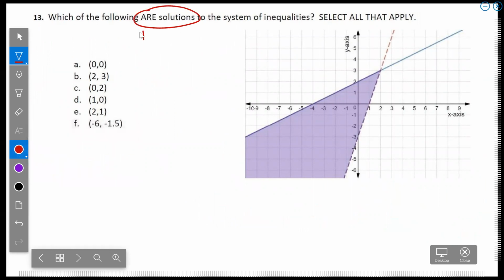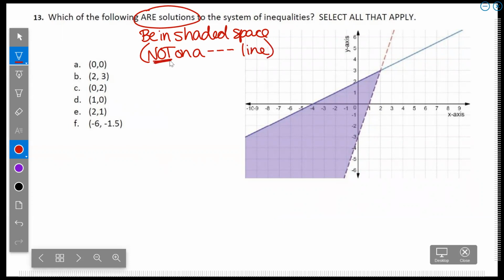So it needs to be in the shaded space, not on a dashed line. If it's on a dashed line, it does not count.